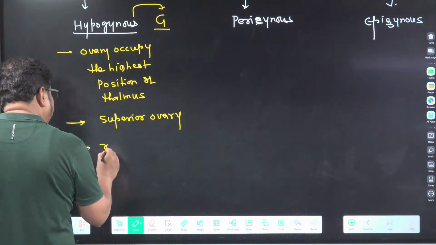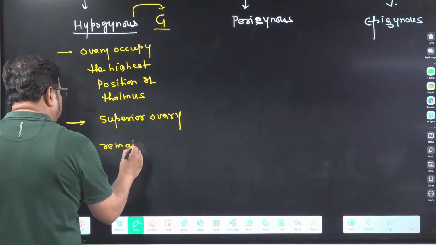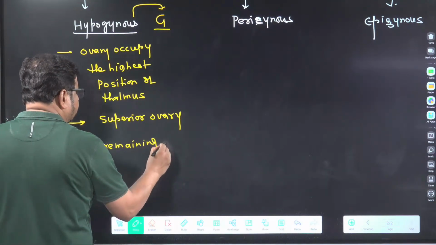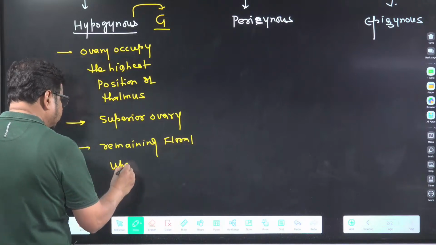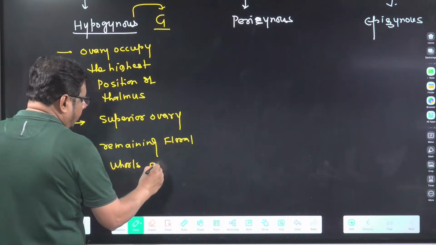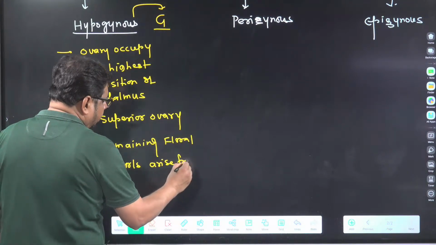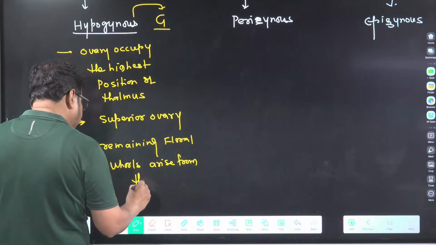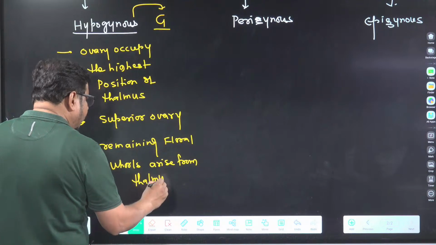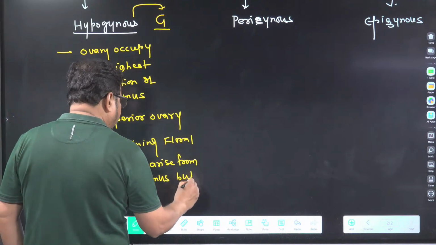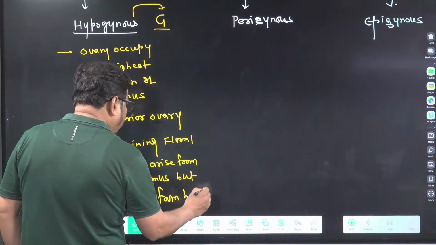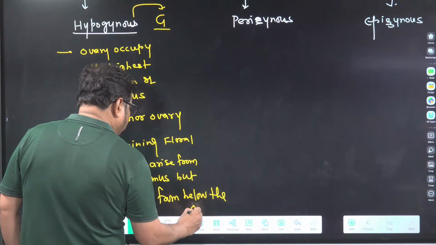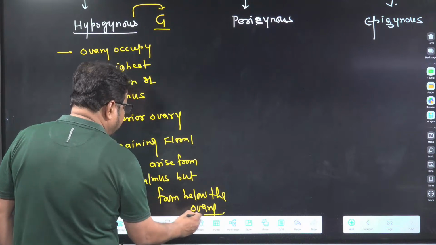So the remaining floral leaves or floral whorls arise from the thalamus. Of course, all are arising from the thalamus, but from below the ovary. Understanding the idea or not?